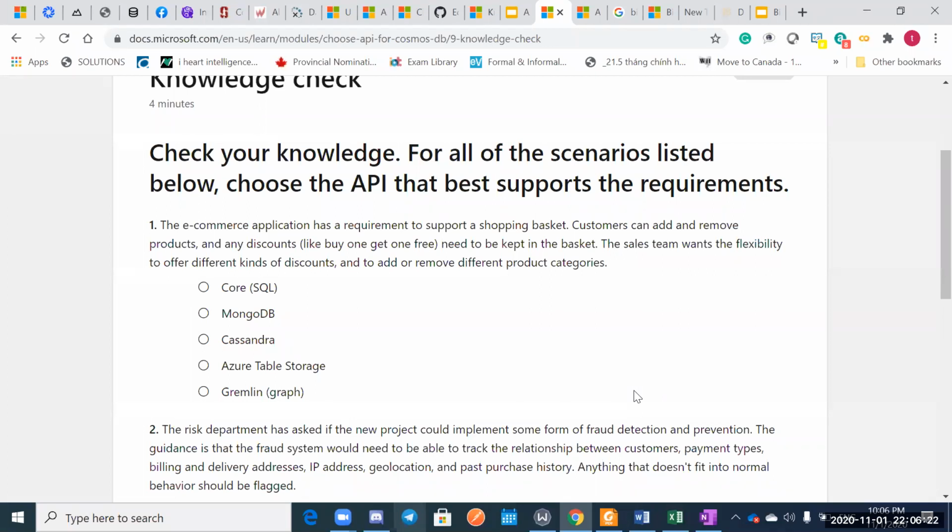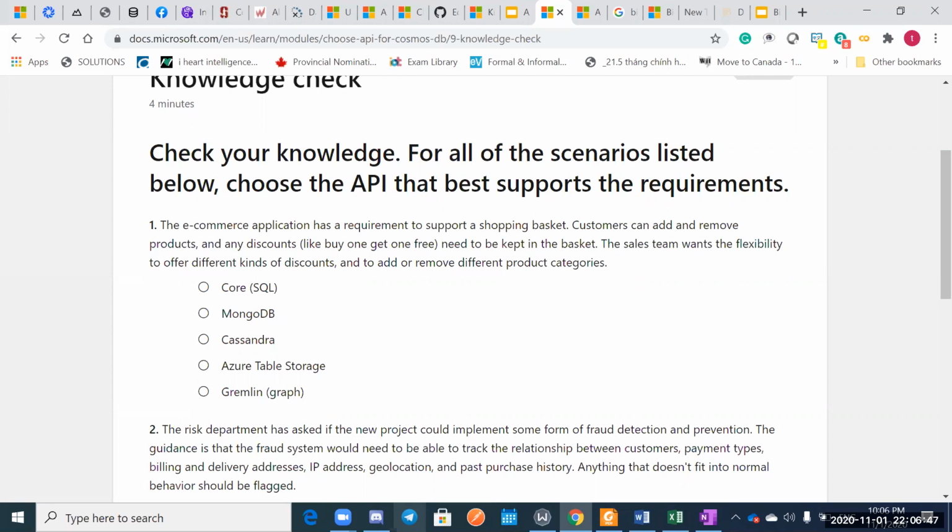Basically, if your application already exists in MongoDB, Cassandra, or Table Storage, then you need to use the suitable API. If the application supports MongoDB, it already exists and always uses MongoDB, then don't switch it, stick to MongoDB.